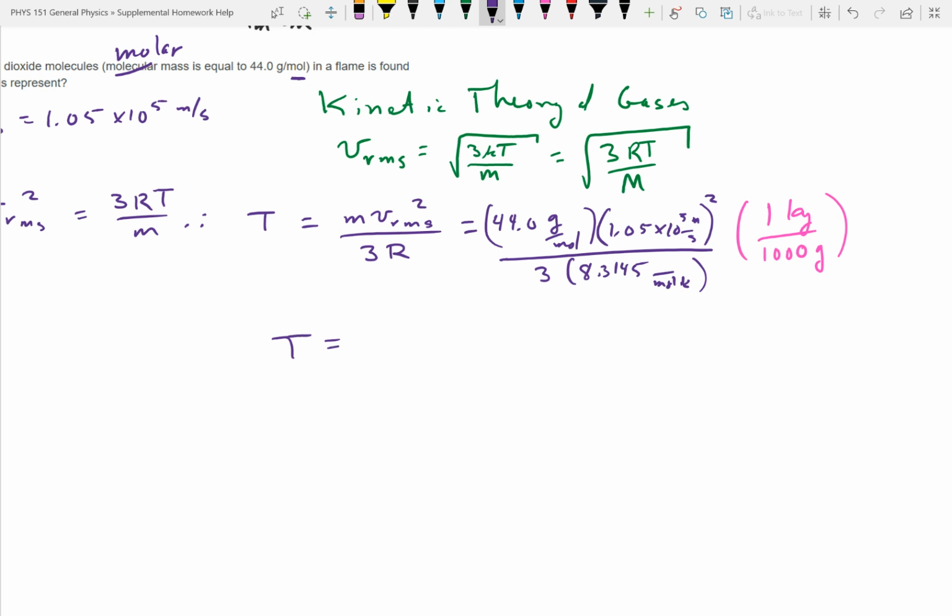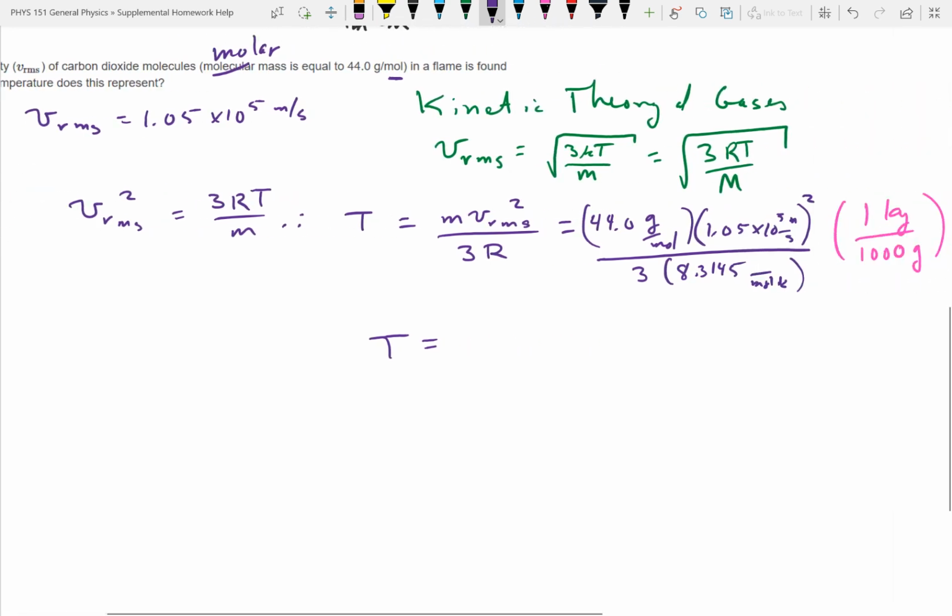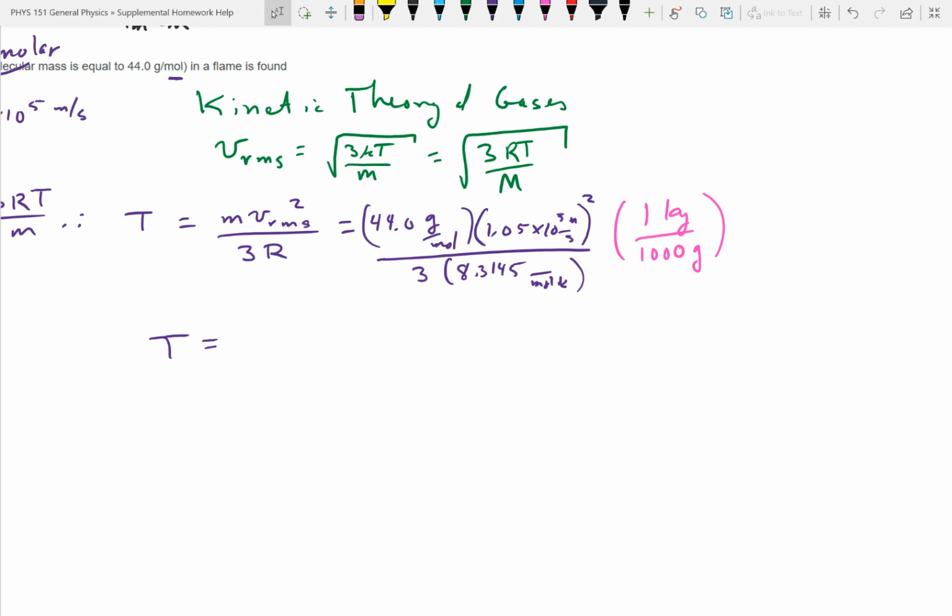That seems mighty high. It's kind of off. And it's in a flame. It could be in the ballpark of 1,000, but not that big. Ten to the fifth squared is 10 to the 10th, divided by 1,000 is 10 to the 7th.